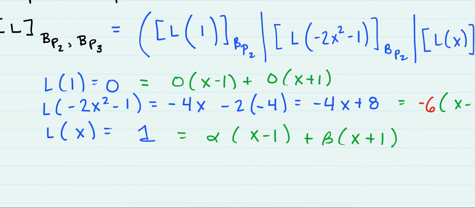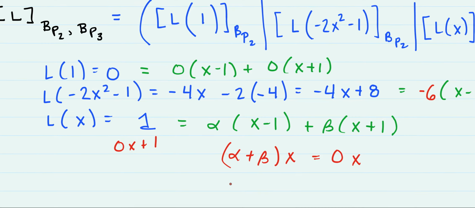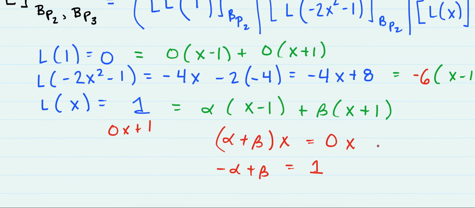So what do we get? I'm going to use a similar method here. We said that alpha plus beta times x is equal to 0x because this is 0x plus 1. And then negative alpha plus beta is equal to 1. So that tells me that alpha is negative beta.